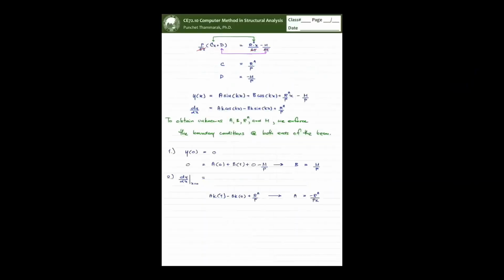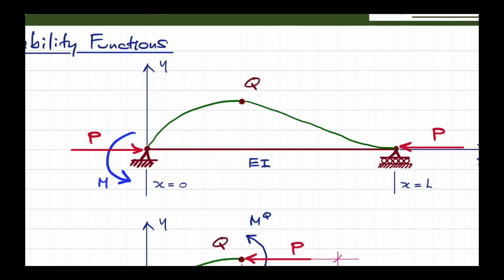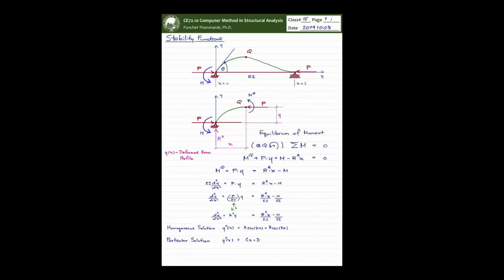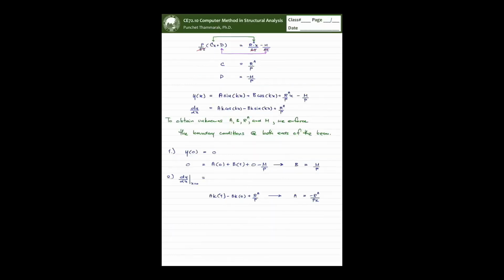Sorry, at this point B, no, at the point x equal to 0, we have rotation. Sorry. Okay. We have rotation. Let's go too fast. Okay. Let's go.